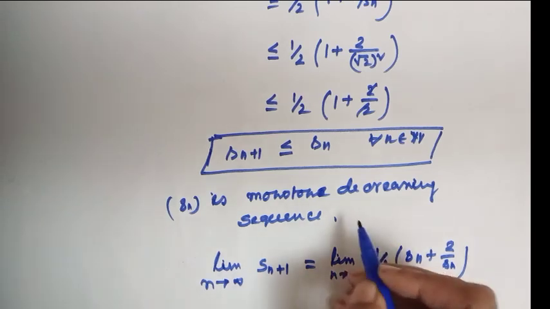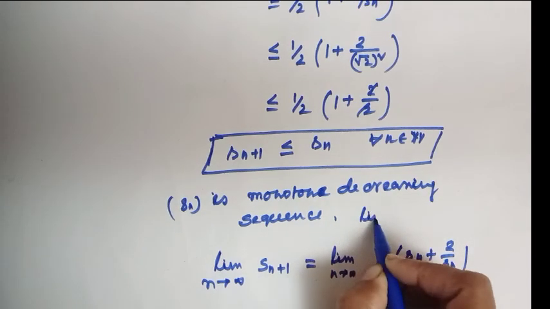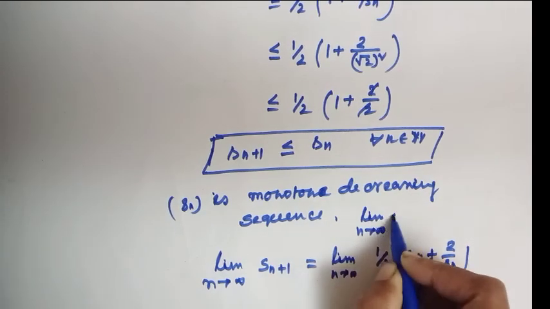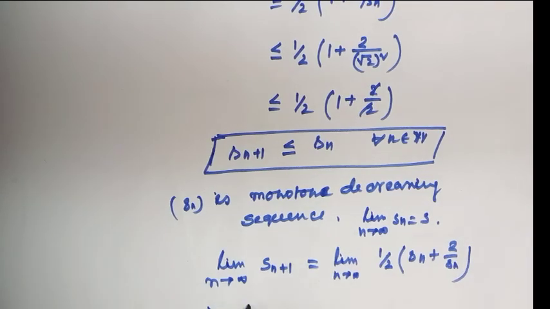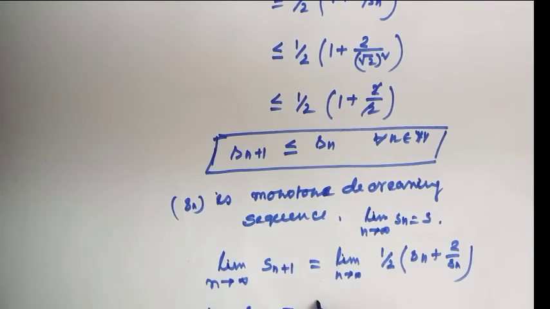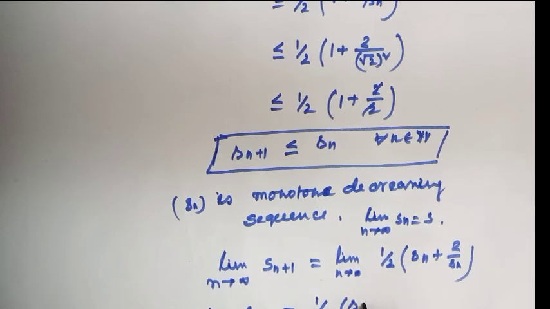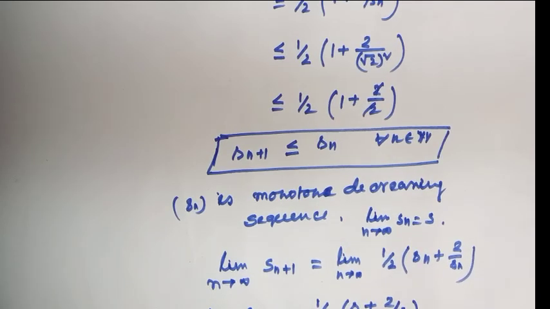Let's consider the limit as n tends to infinity of S_n equal to S. Then it will be S = 1/2 (S + 2/S).